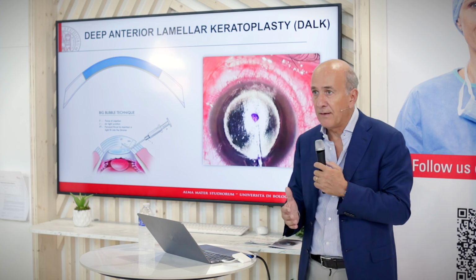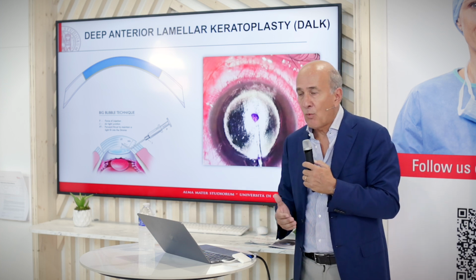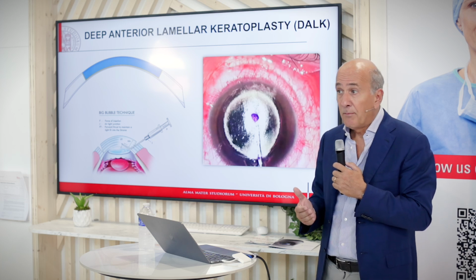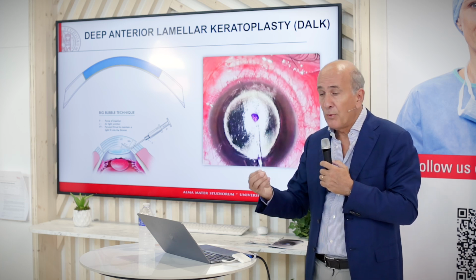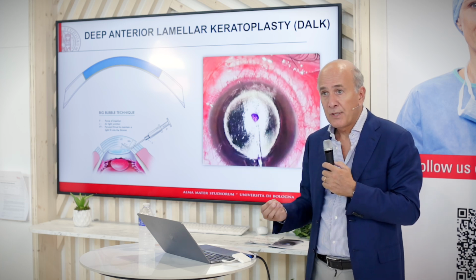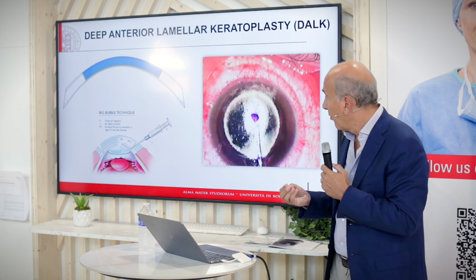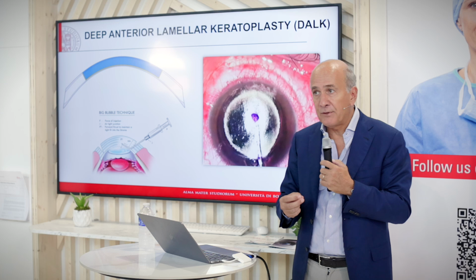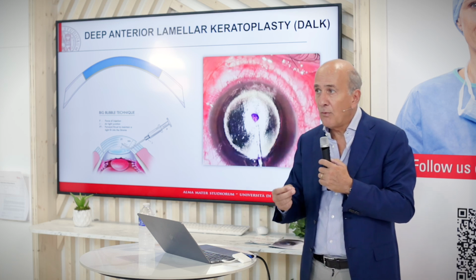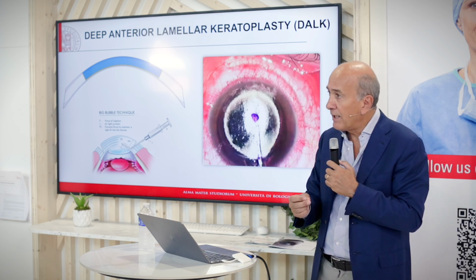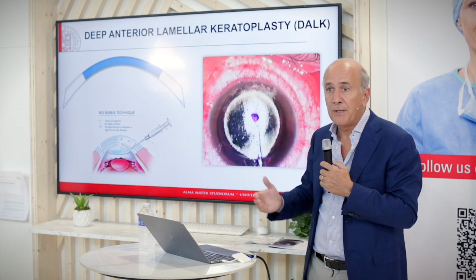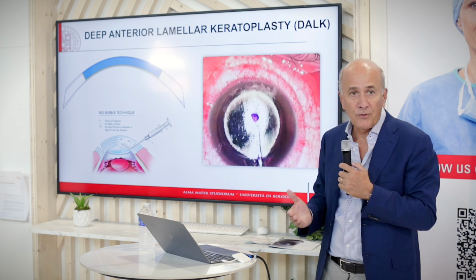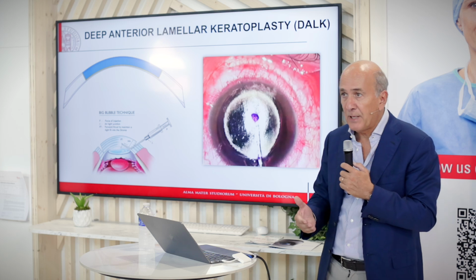We've been doing this for several years, probably since 2003, but the main problem with this technique always was that we didn't know whether the air was injected deep enough, whether the cannula or the needle was placed deep enough in the stroma in order to get the big bubble formation. You know that very well if you have experience with this technique.